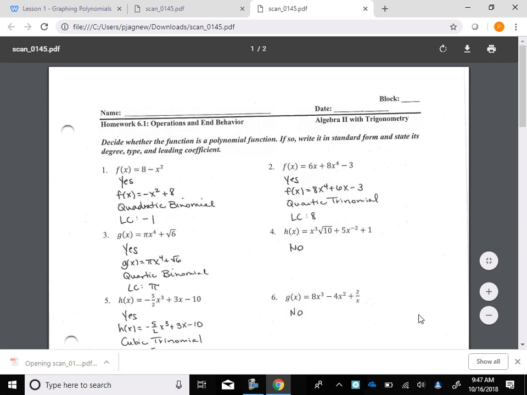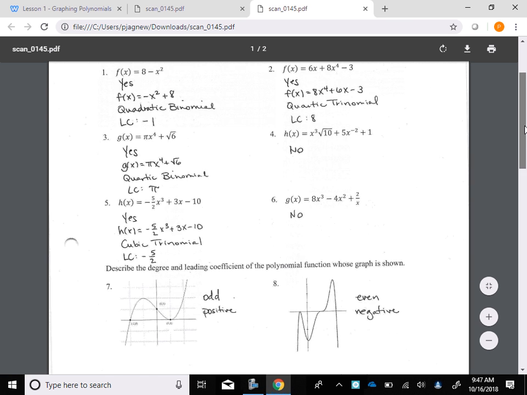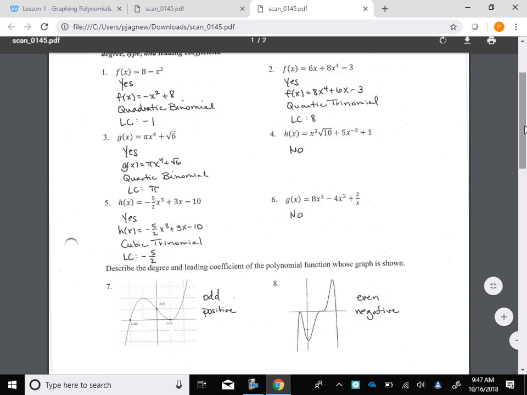So here's the answers to the first 6. Actually, first 8.